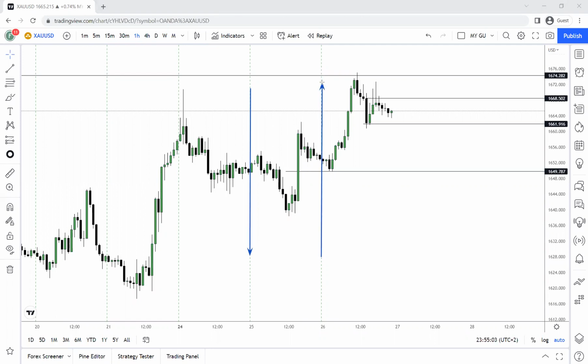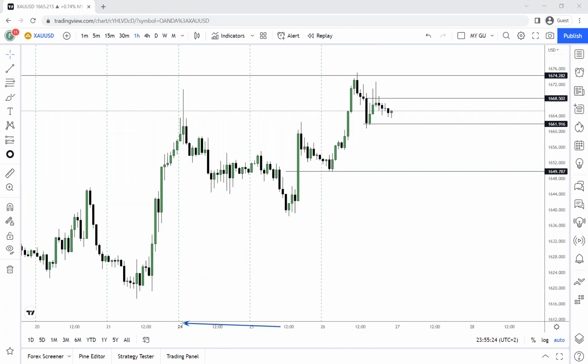So the market opened right there, and then it closed right there. Now that we know the market opened there and it closed there, which one is the Asian session in this area?